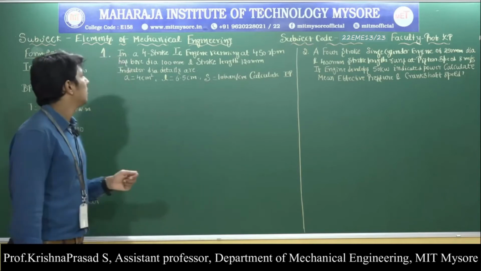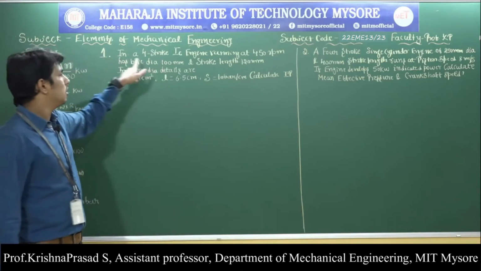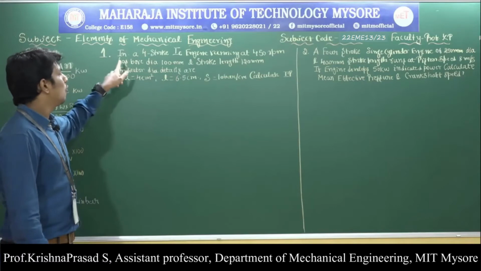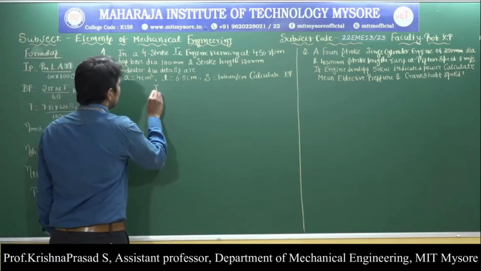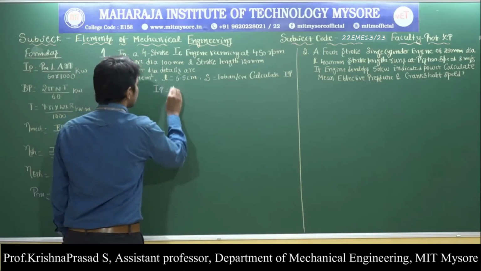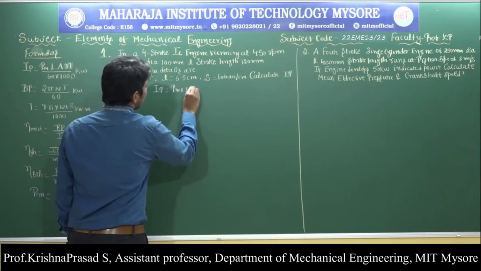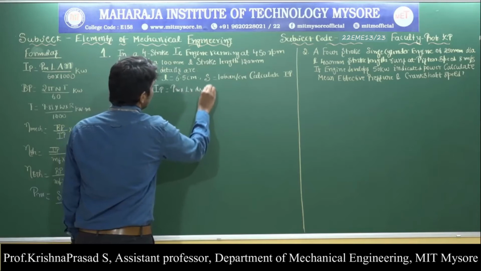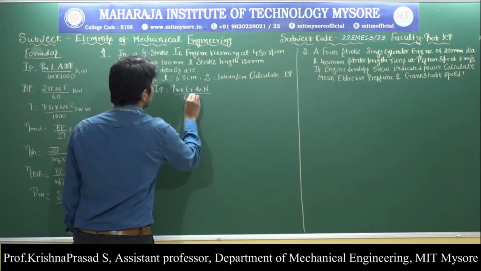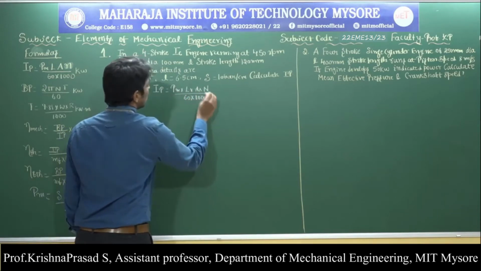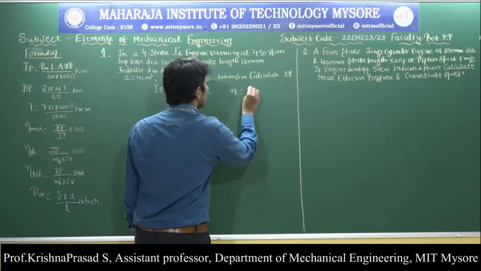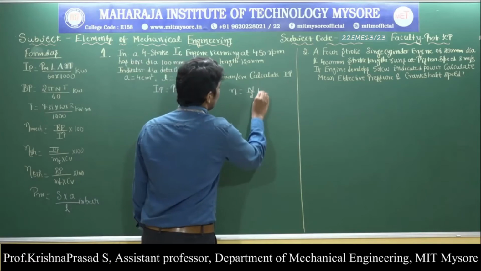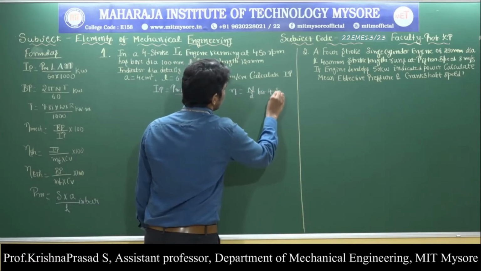Calculate the indicated power. In the problem they mentioned it is a 4-stroke IC engine. So we know that IP is equal to PM into L into A into N by 60 into 1000. Here small n is equal to N by 2 for a 4-stroke engine.